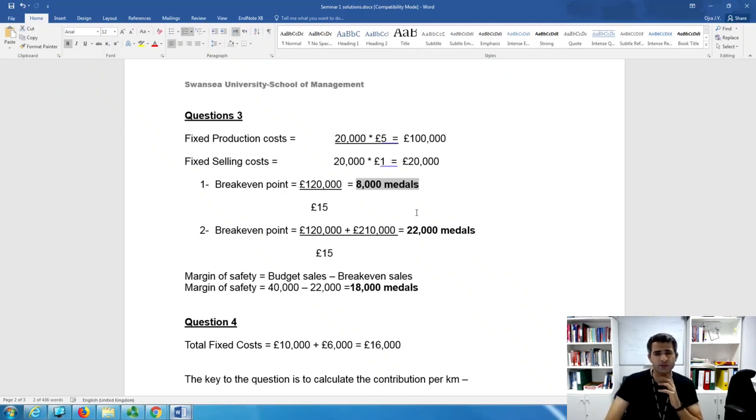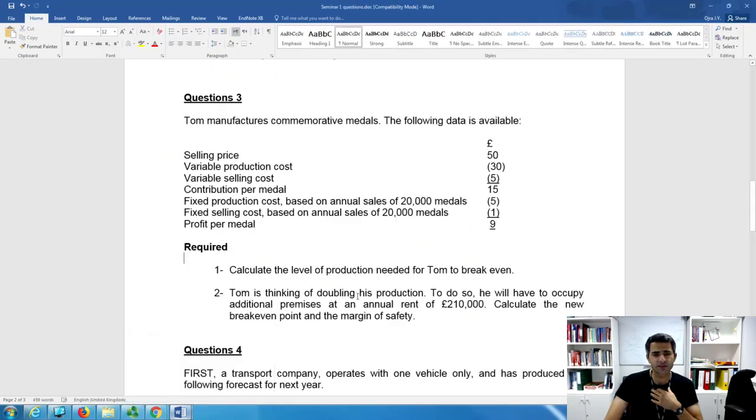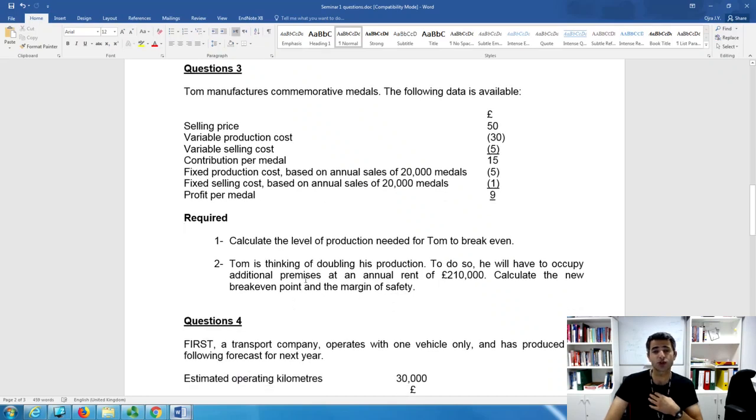Now the second part. Tom is thinking of doubling his production. To do so, he will have to occupy additional premises at an annual rent of £210,000.